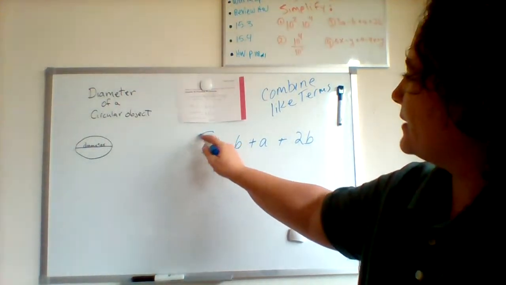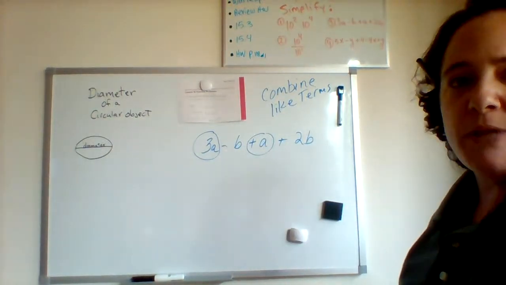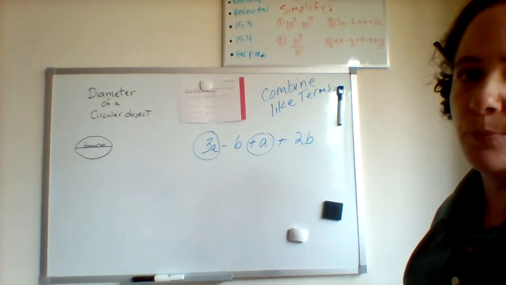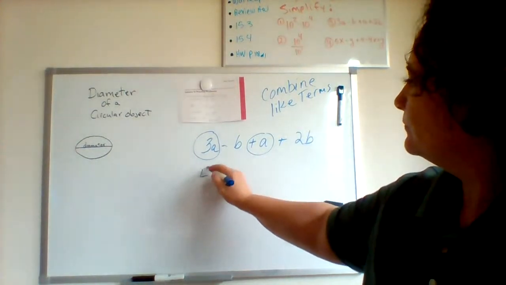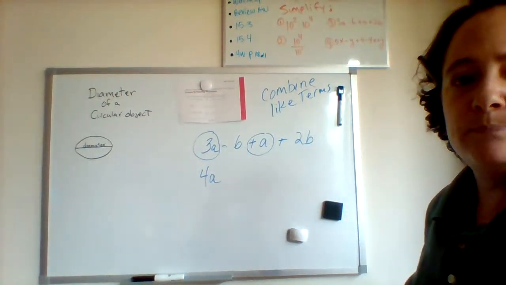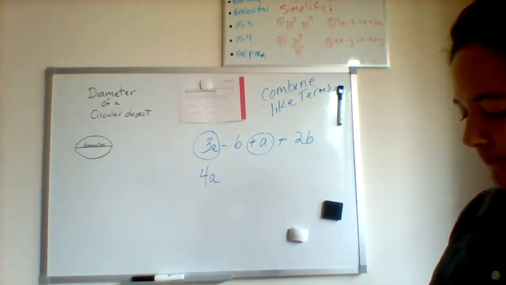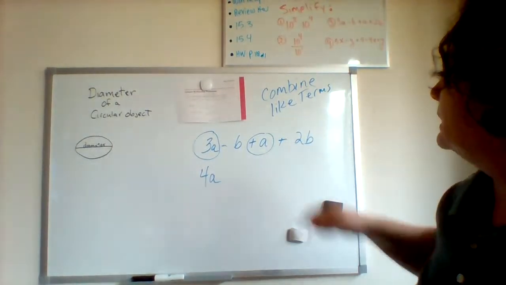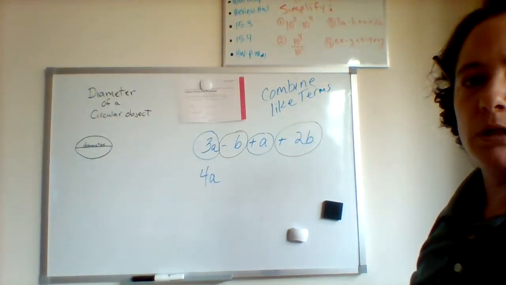All right. So for example, this one and this one, they have the same base. They both have the variable a. So what's 3 plus 1? It's just 4a. Okay. Now, this one and this one are a lot alike.